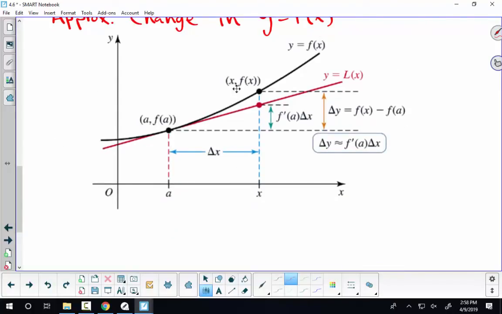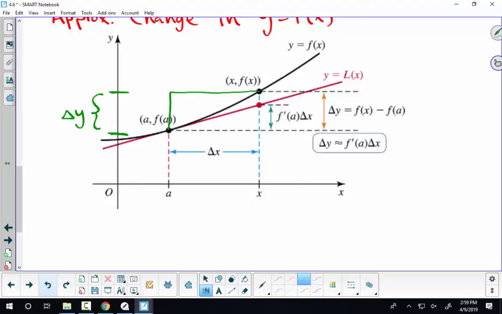Our function here is in black, and here we're changing the function from a to a plus delta x. So from this point to this point, what was the actual change in the function? The actual change in the function is just measured from this function value to this function value. So the difference from here to here, that's delta y.